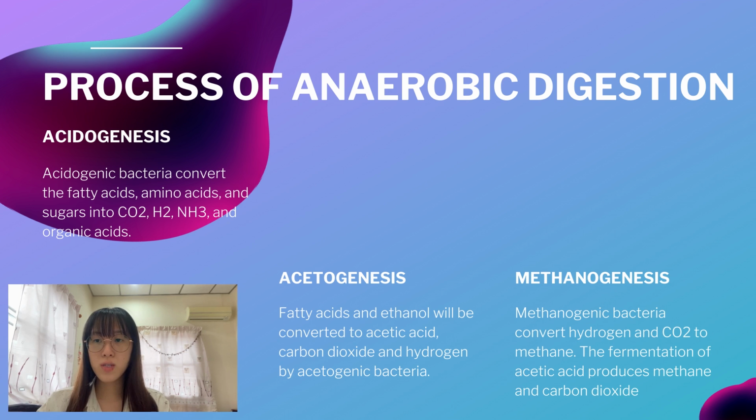In acetogenesis, fatty acid and ethanol will be converted to acetic acid, carbon dioxide, and hydrogen by acetogenic bacteria. In methanogenesis, methanogenic bacteria convert hydrogen and carbon dioxide to methane. The fermentation of acetic acid produces methane and carbon dioxide.